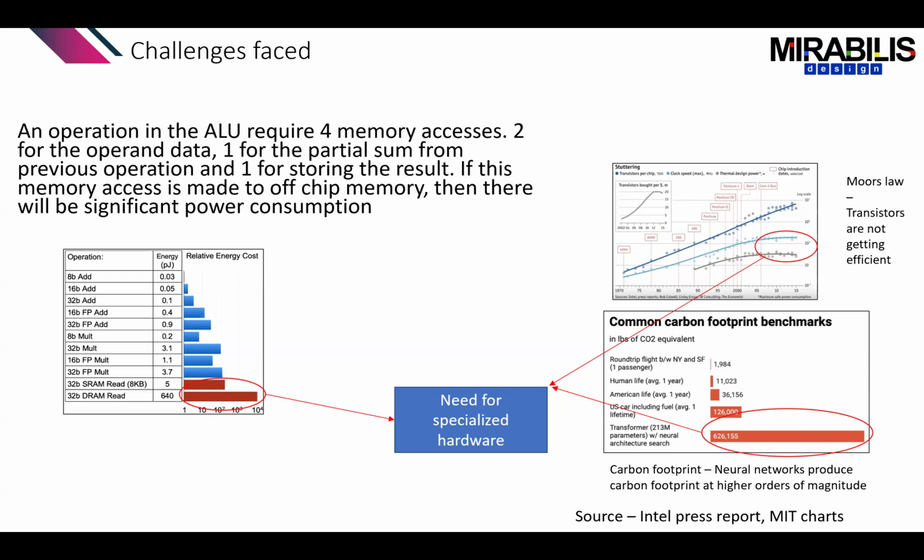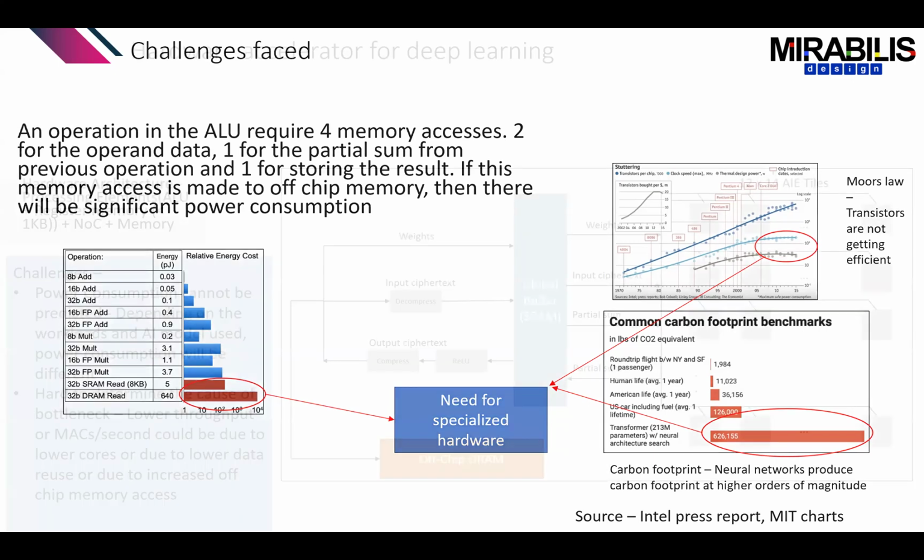You can also look at other aspects, such as how much of a carbon footprint you're producing as a result of using these neural nets for making autonomous driving decisions, for example, or processing inside of my infotainment. So this is a challenge that's faced by a lot of the automotive vendors.